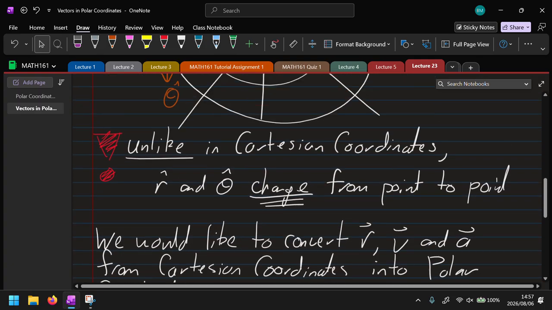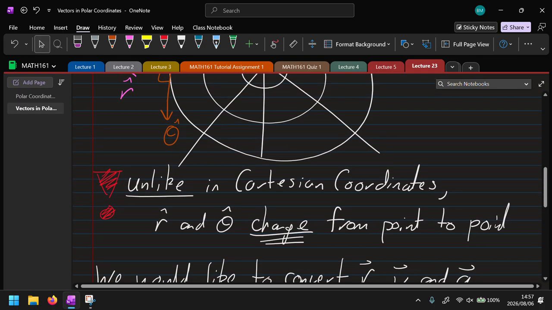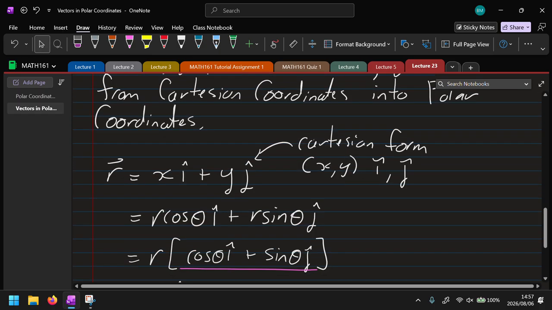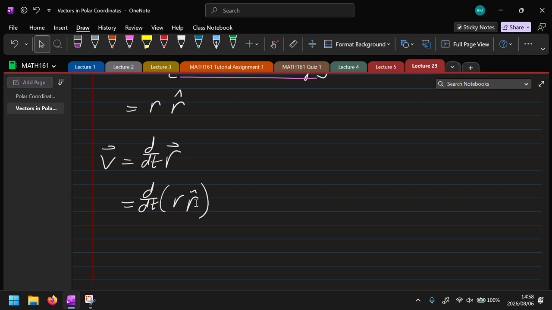But what did we say over here? r hat and theta hat change from point to point. They are not constant. So when we are doing the time derivative, both of these depend on time. In Cartesian coordinates, the i hat and the j hat do not depend on time. Here they do. The r hat and theta hat do depend on time, so we need the product rule.